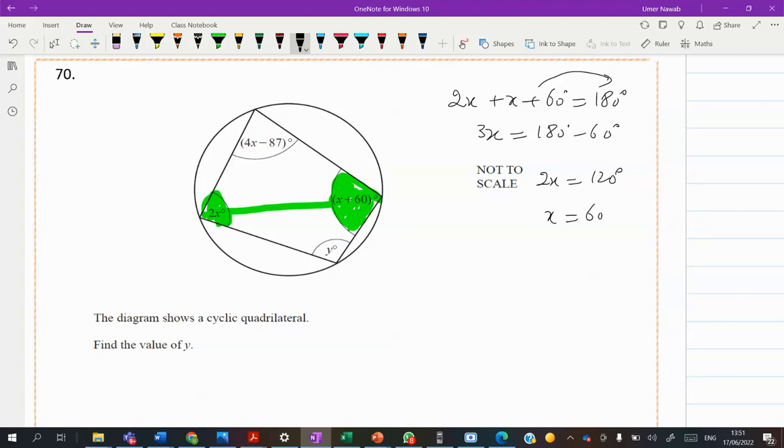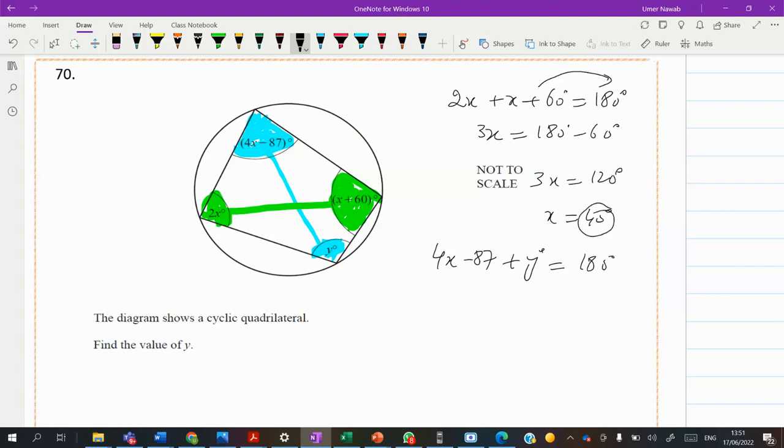Let me check. Is it right? 2x plus x, so it's 3x. So 120 divided by 3 will give you 40. So x is 40. Then I'm going to use the second pair of opposite angles. Their sum should also be 180. So 4x minus 87 plus y is equal to 180.